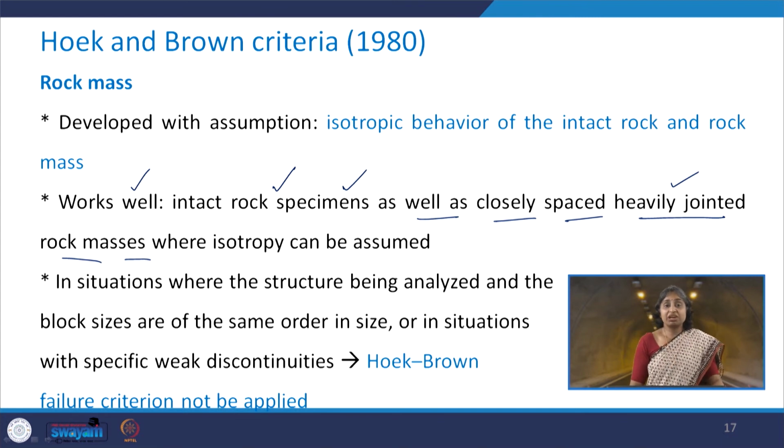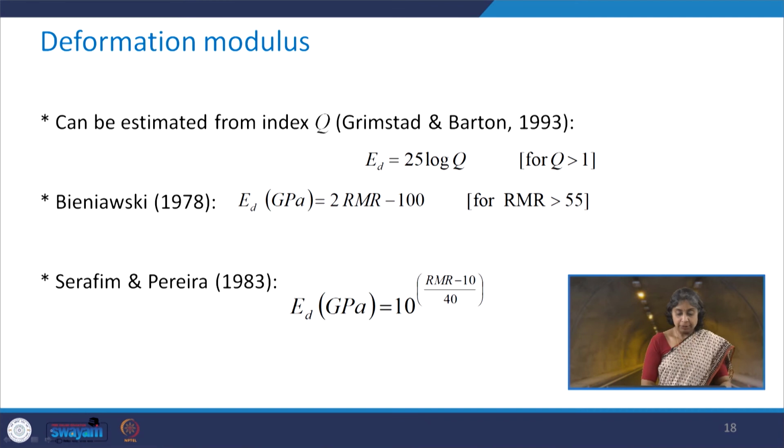In situations where the structure being analyzed and the block sizes are of the same order in size, or in situations with specific weak discontinuities, the Hoek and Brown failure criterion may not be applicable. In that case, you have other failure criteria which are available, specifically developed for rock masses.